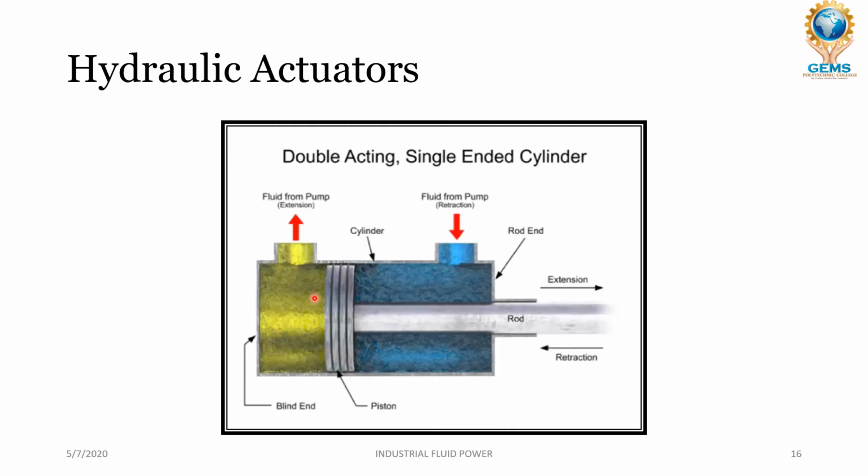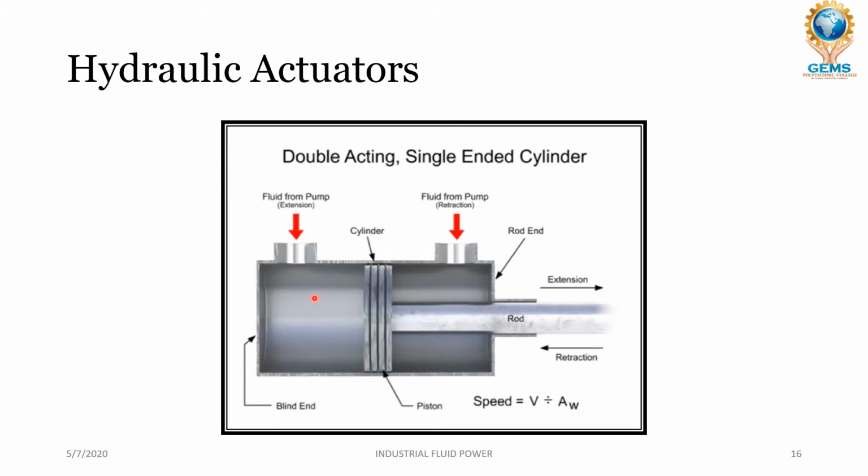The speed at which the piston extends and retracts is calculated using the volumetric flow rate divided by the area for the incoming fluid. Since each side of the cylinder has a different working area, each side experiences a different speed. Let's assume that the volumetric flow rate is equal for each inlet.